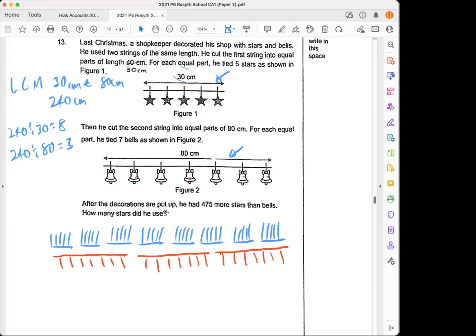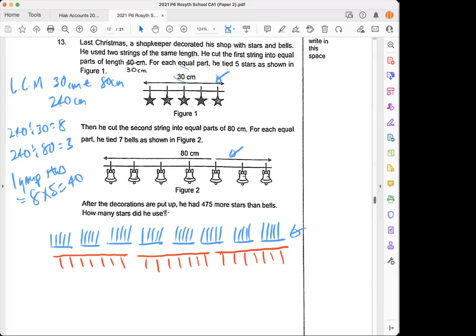So in one group, how many stars? Let's look at one group. In one group there are 8 strings multiplied by 5 stars on each string, which gives 40 stars.